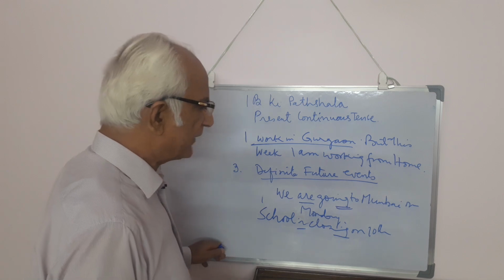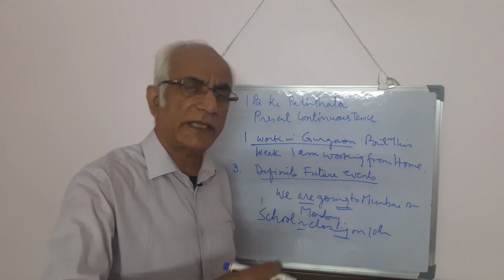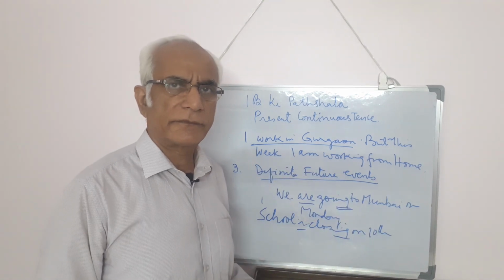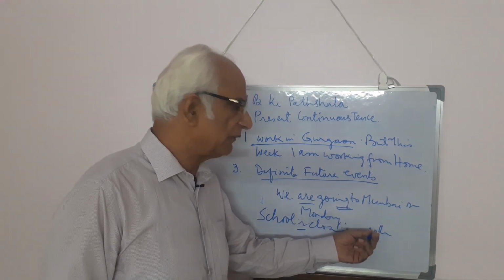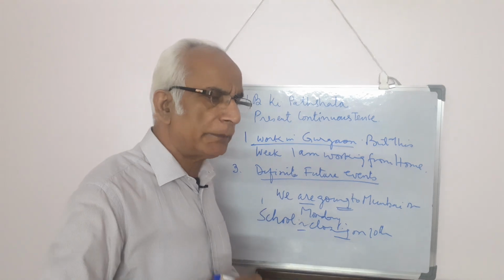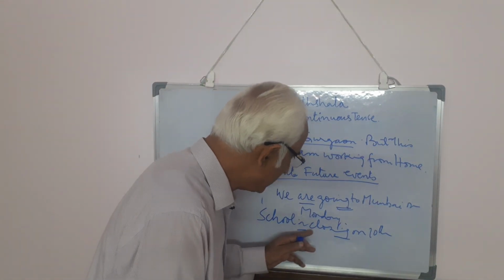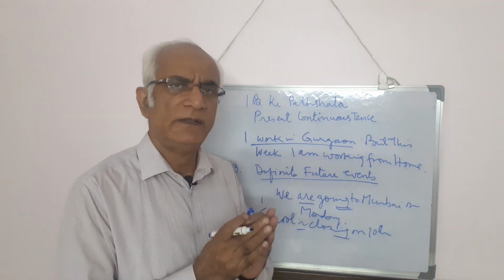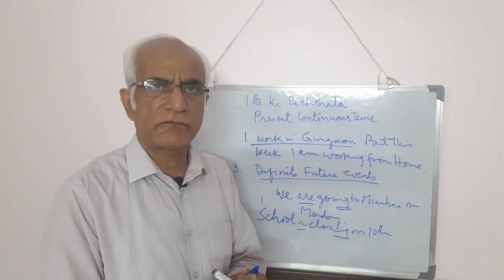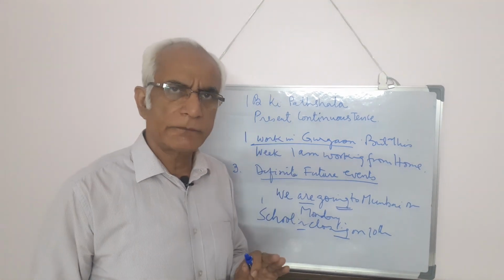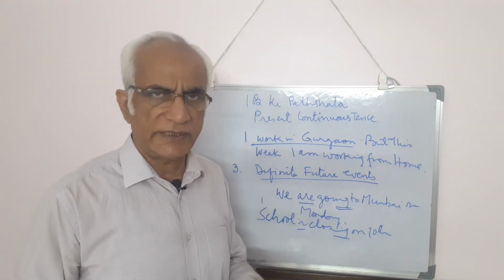So this is present continuous tense, but we are talking about an event that will happen in future. Let's say we are talking on 4th or 5th or 6th. So we are talking about an event that will happen in future. But we are using present continuous tense because we know the date is fixed. So these are the three situations when we use present continuous tense.